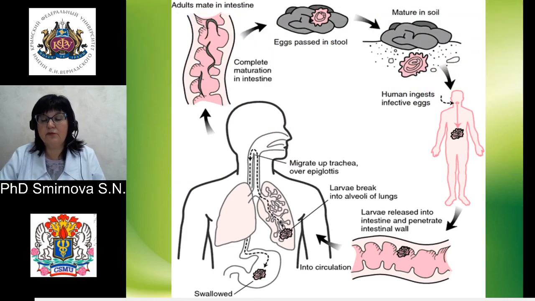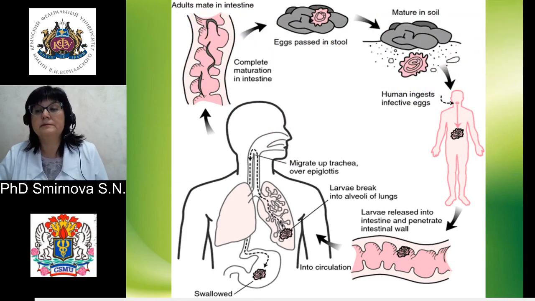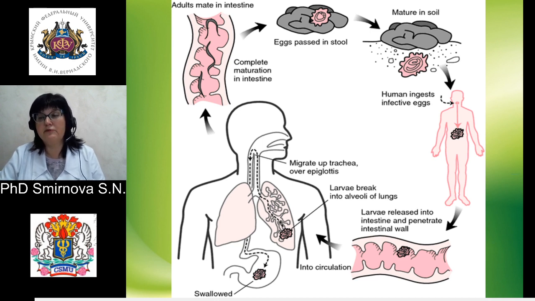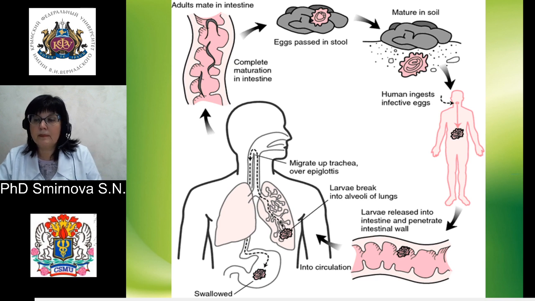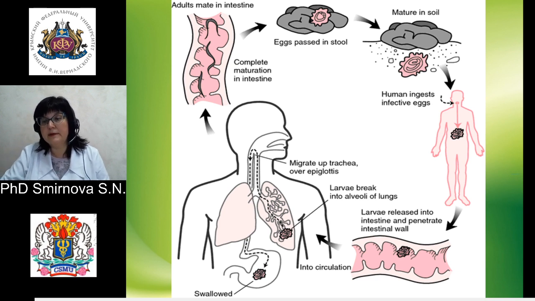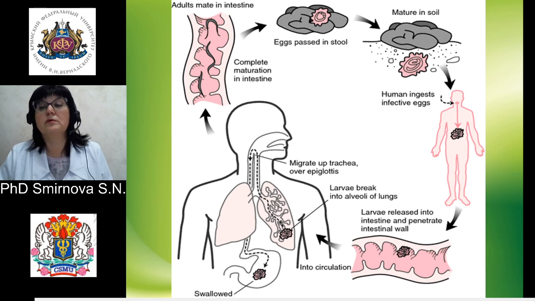The life cycle of Ascaris lumbricoides is very easy, but this life cycle has many interesting specifics. Humans are infected when swallowing eggs of these parasites with contaminated water or contaminated food. These eggs move to the human digestive system, and in the small intestine the parasite transforms to larva.